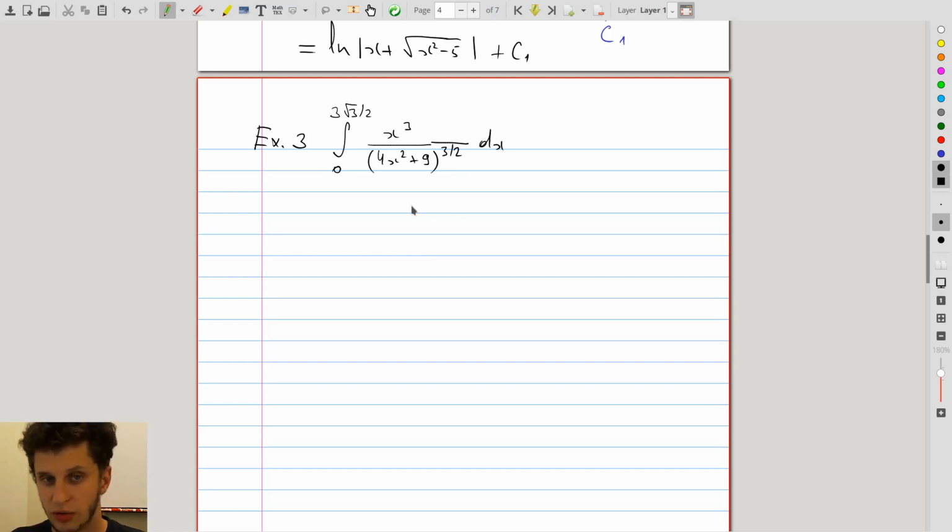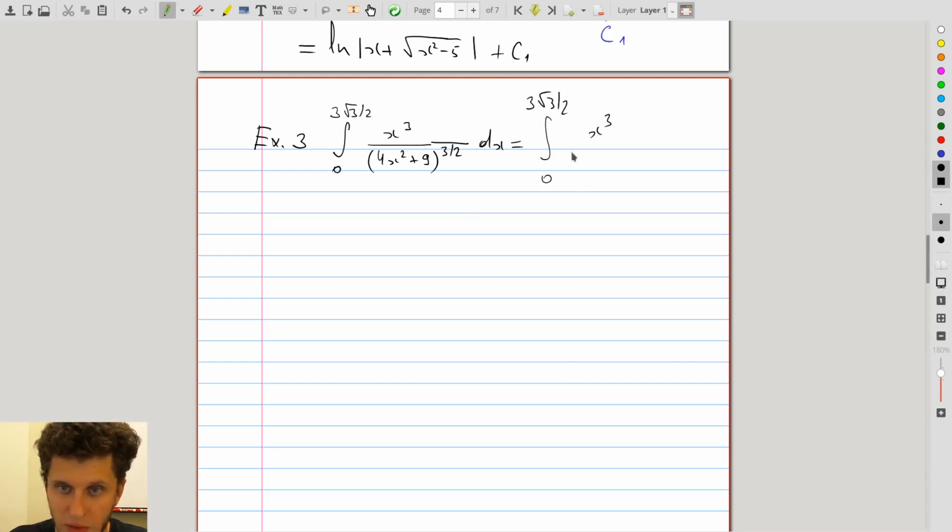For that, note that there is no radical written explicitly in this expression, but of course it's very badly disguised right here in the denominator. So we have x cubed, and in the denominator we have effectively 4x squared plus 9 under the square root and then raised to the third power, like so.